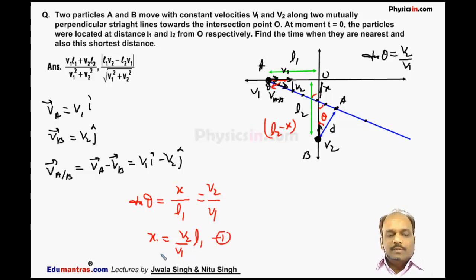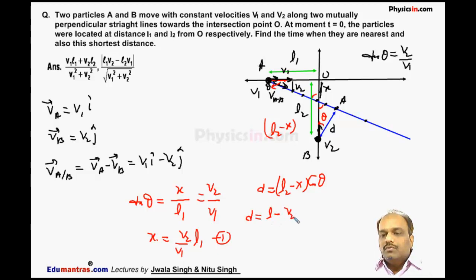This is our first expression. Now if this is x, this is L2 minus x. Now we can say d is equal to L2 minus x into cos theta.